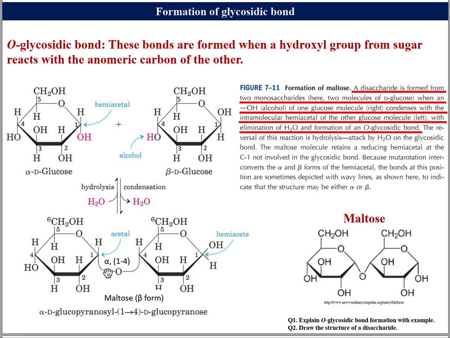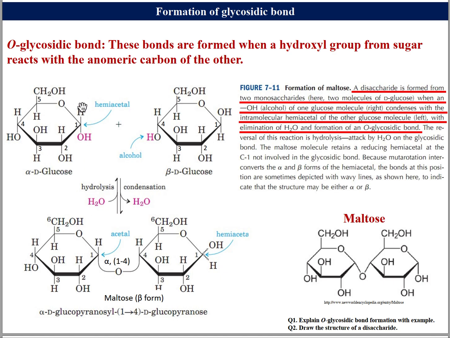So why alpha? Because it depends on the anomeric carbon containing sugar. If the anomeric carbon is in alpha form, the bond will be alpha form. If the anomeric carbon is in beta form, the bond will be beta form. Here you can see the anomeric carbon, the hydroxyl group on the bottom side. So this is in alpha form, so the bond will be alpha form.